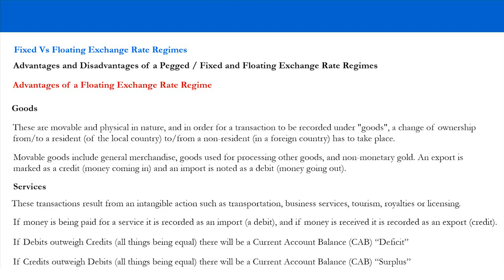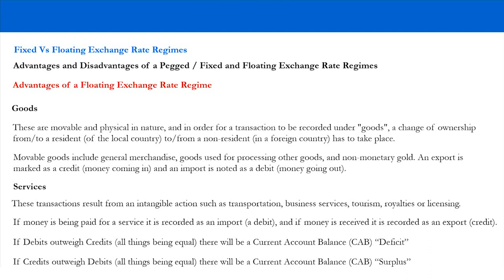And in order for a good to be a transaction, so recorded under goods, a change of ownership from or to a resident of the local country to a resident of a foreign country has to take place. And movable goods include general merchandise, processing, so goods used for processing, and non-monetary gold.